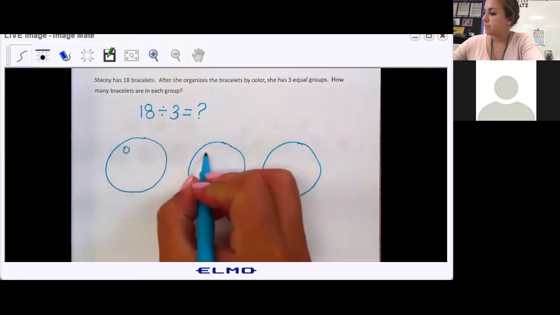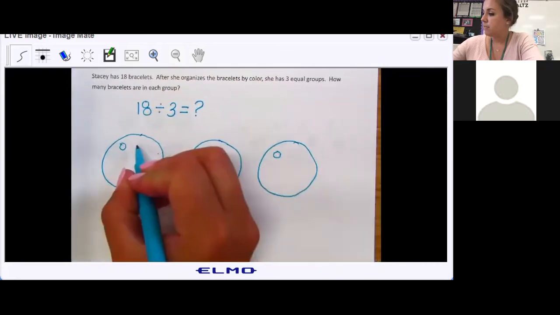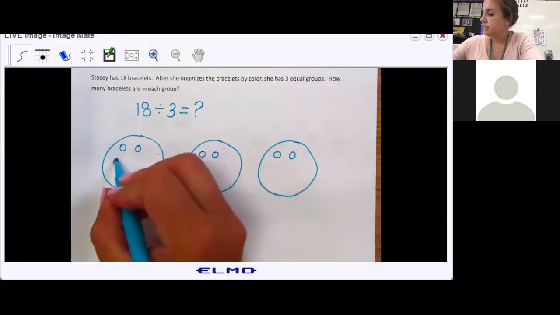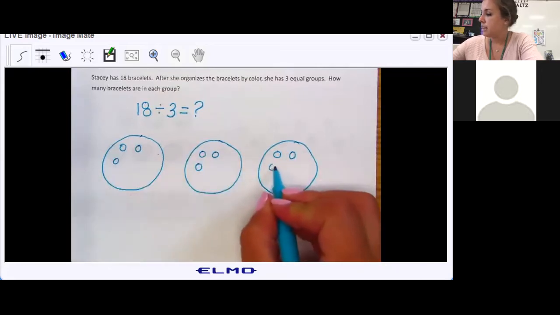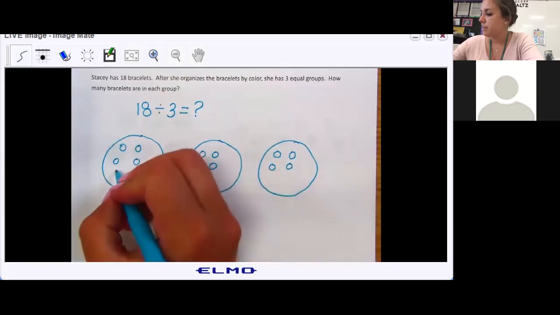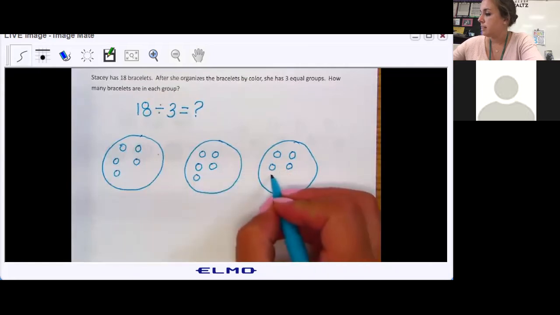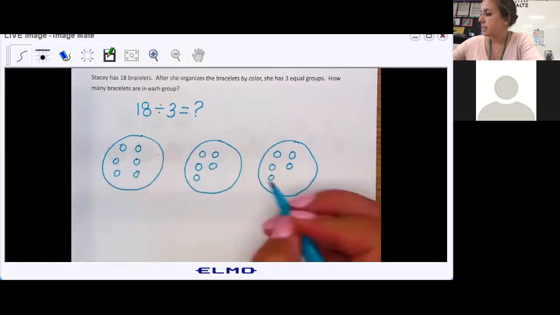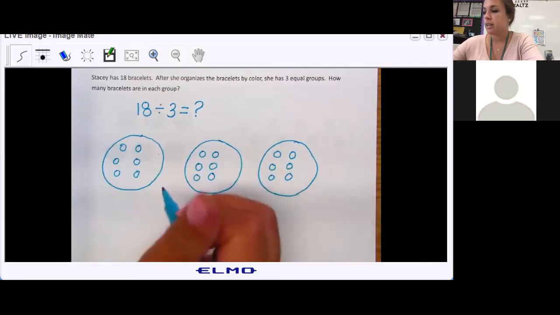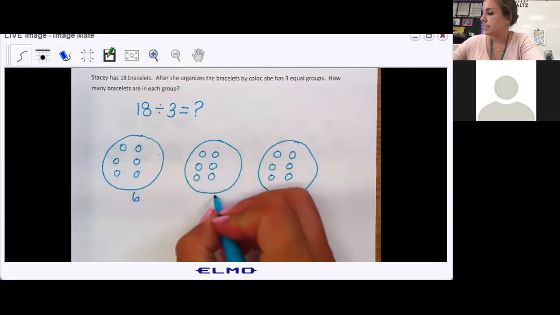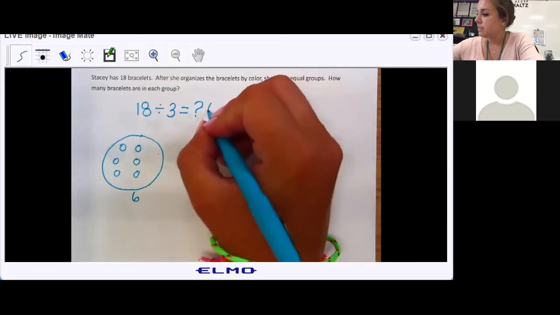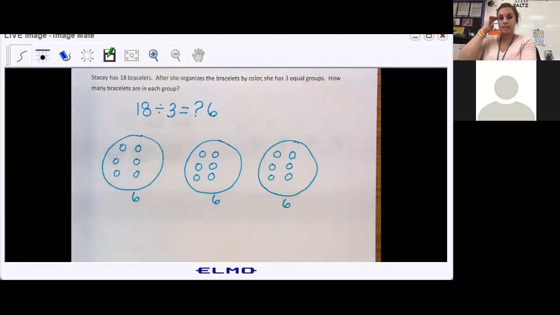So 1, 2, 3, 4, 5, 6, 7, 8, 9, 10, 11, 12, 13, 14, 15, 16, 17, 18. Let me make sure they're equal. This has 6, this has 6, and this also has 6. Therefore, 18 divided by 3 equals 6.